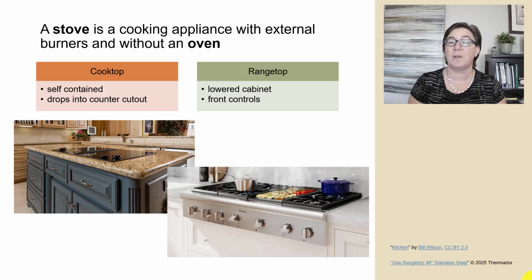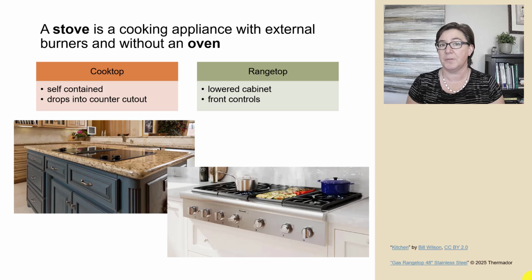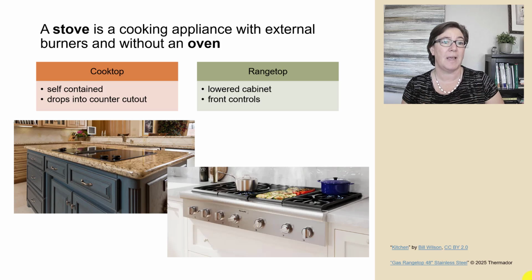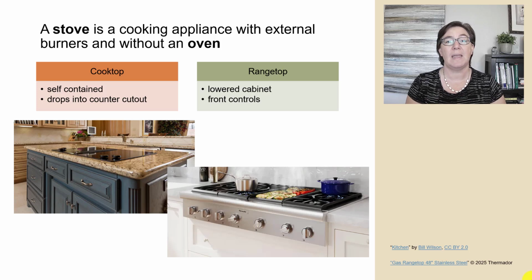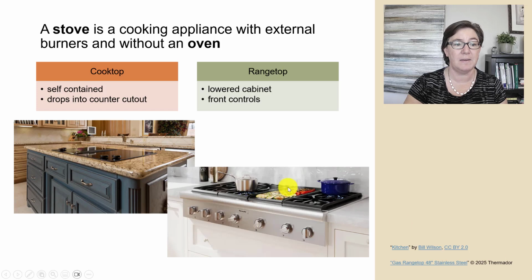Let's talk about a stove, remembering that this one has external burners and no enclosed oven. There are two major types: a cooktop and a range top. A cooktop is self-contained and it drops into a counter cutout. So if you see a piece like this where the countertop comes in front of your stove, that one's a cooktop.